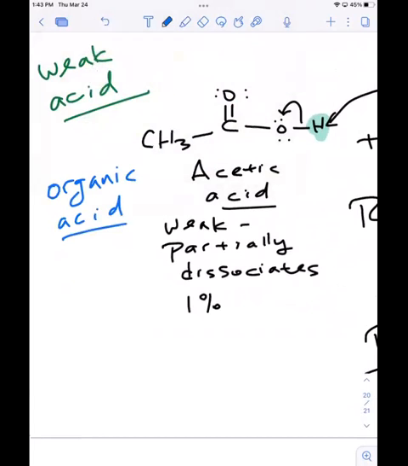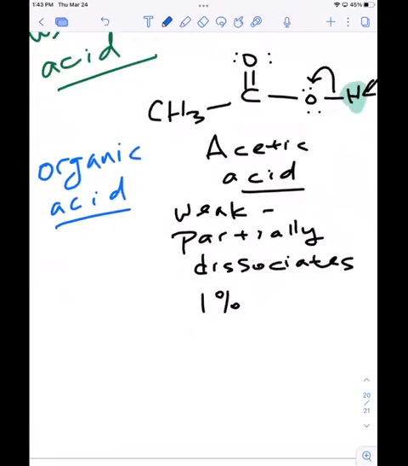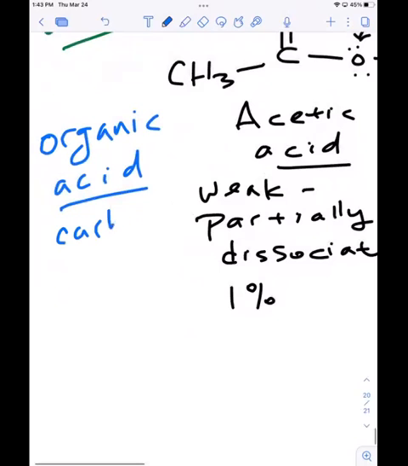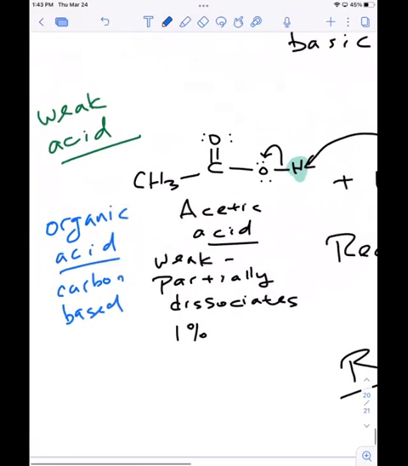It's not like the acids like HCl and HBr and HI. This is an organic acid, meaning that it's carbon based. You can see that there's carbon in the structure here as well as here. So any carbon containing molecule, we call it organic.